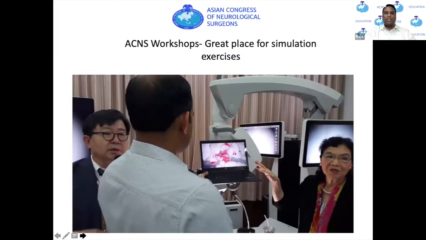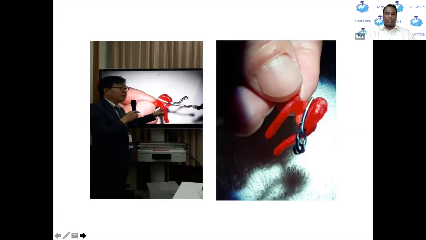Now, under the ACNS workshops, which we organize around the world, there are great places for simulation exercises. This is Professor Mori and Professor Kato, who are describing a scenario of intraoperative aneurysm rupture. This is Professor Mori, who teaches us how to clip and what the correct position of clips is.